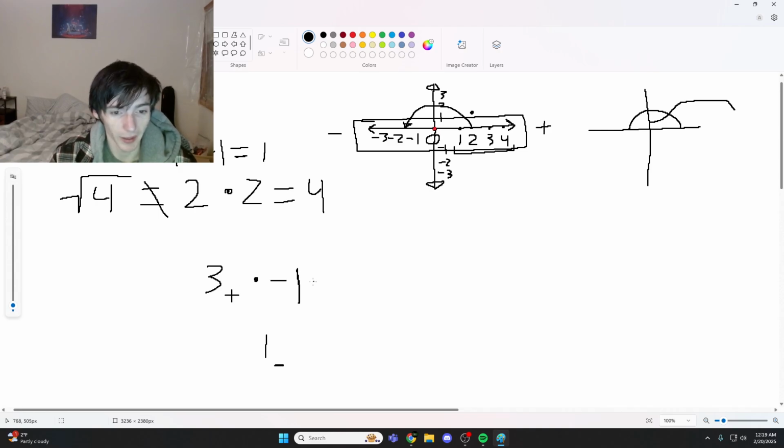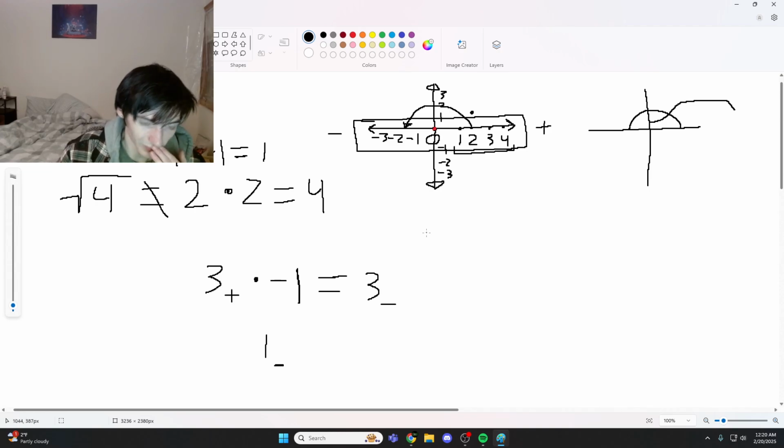When we multiply it by a negative number, which we generally already have a symbol for, then that becomes 3 in the negative direction. Almost like, yeah, you rotate it around the origin.